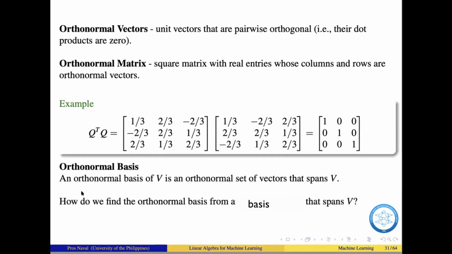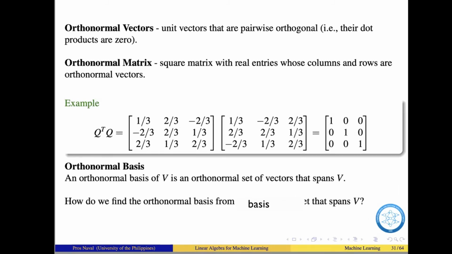Orthonormal basis. An orthonormal basis of B is an orthonormal set of vectors that spans B. So the question that we're asking here is how do we find the orthonormal basis from a set that spans the vector space B?